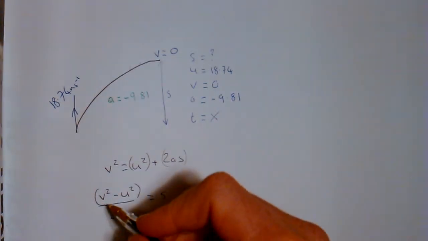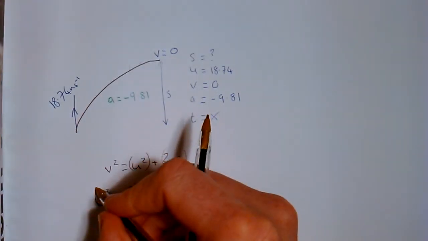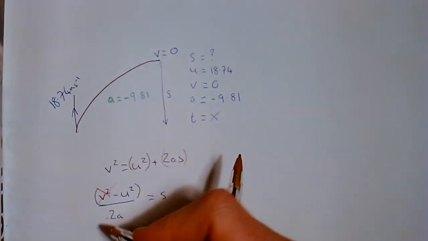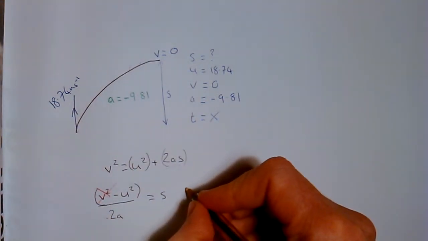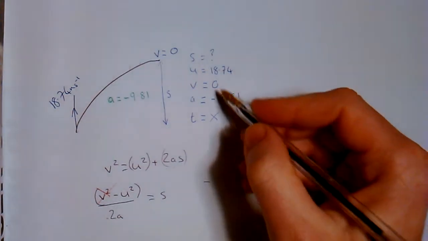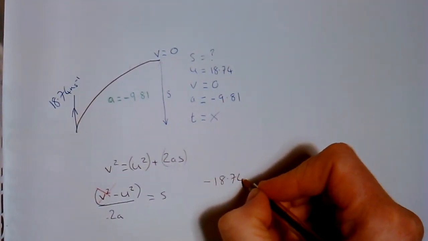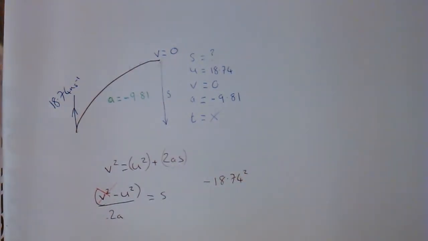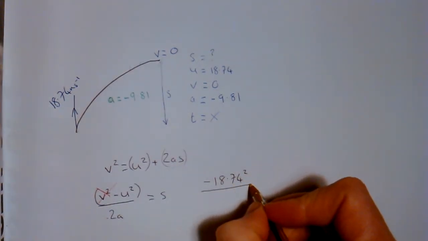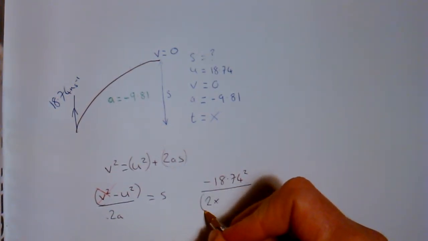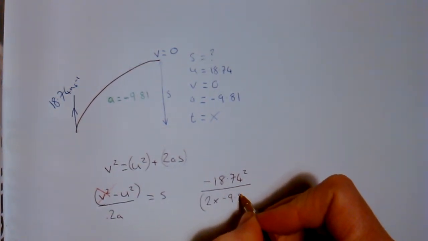Well, v is 0, so we can just scratch that off. a, I've just got to be careful, is minus. Okay, so I end up with minus 18.74 squared. Don't forget the squared. Sometimes people were forgetting the squared in the test. Divided by 2 times minus 9.81.